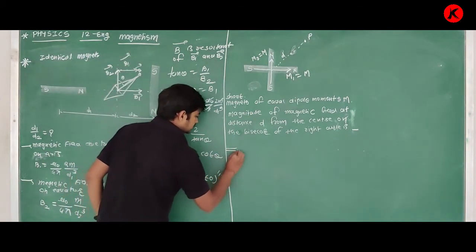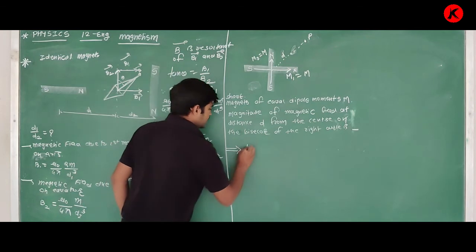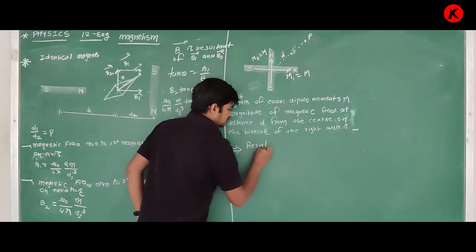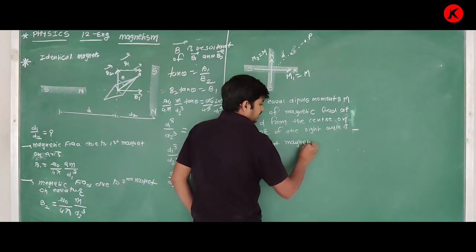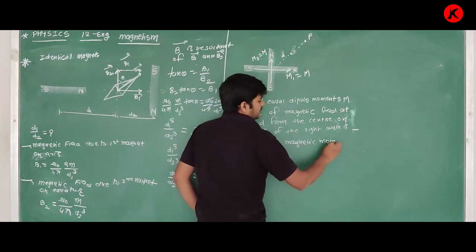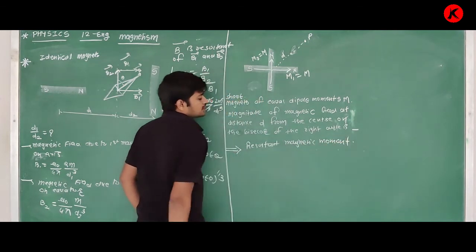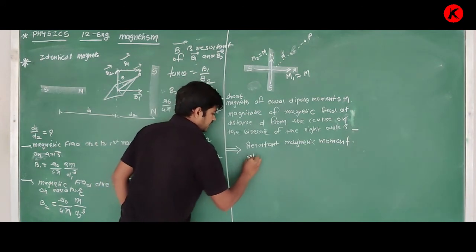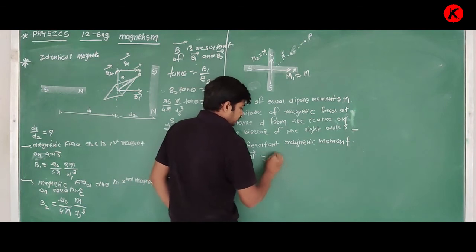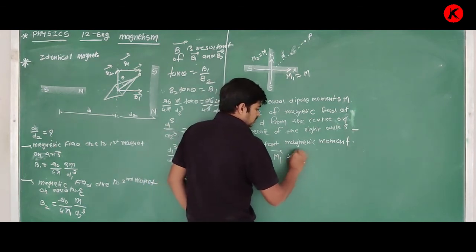Here it is. Okay. Resultant magnetic moment M dash is equal to m1 plus m2.